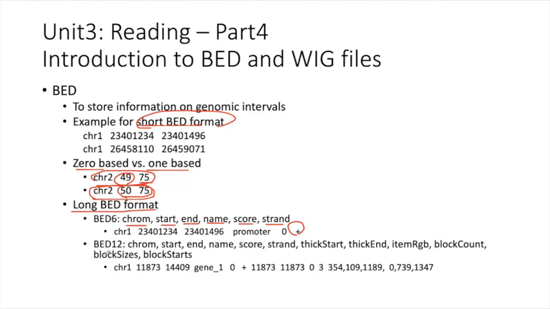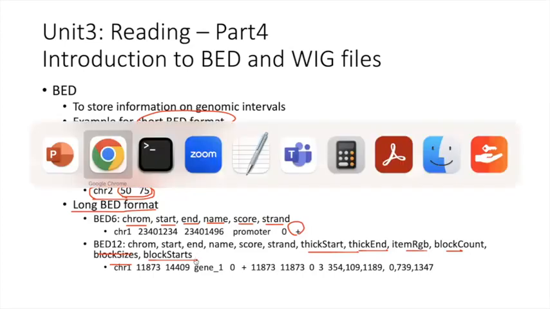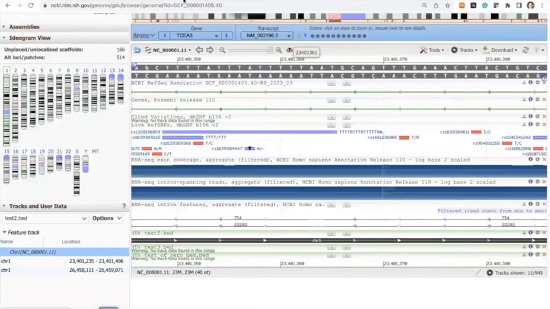And there is even a 12 column bed format: thick start, thick end, RGB code, block count, block size, block start, something like that. Why does it need it?